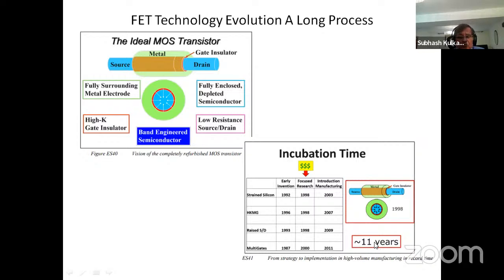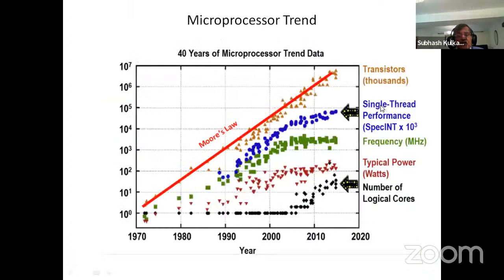So you have to pump in a lot of research and development money for 11 years, before which these options go into actual manufacturing. So this is a very, very capital intensive and time intensive business, just because it's very complicated. That's the only message here.